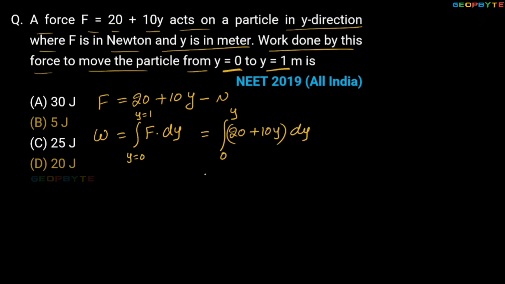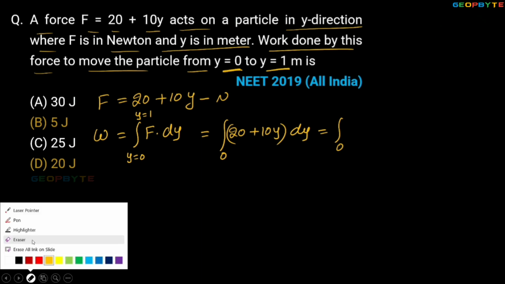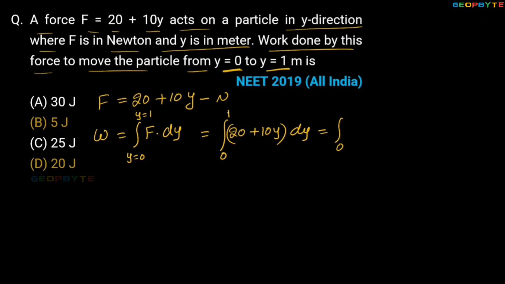Integrate and apply the limits. It is equal to integral 0 to 1, 20 dy plus integral 0 to 1, 10y dy.